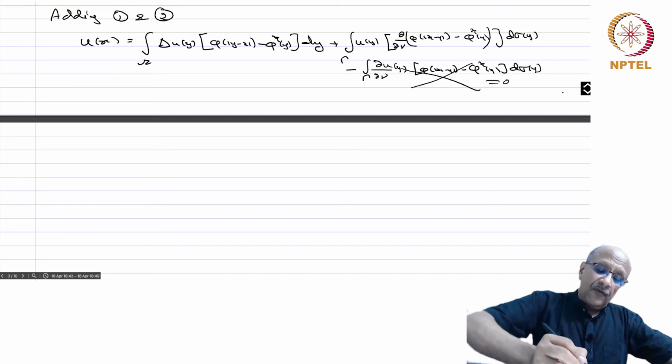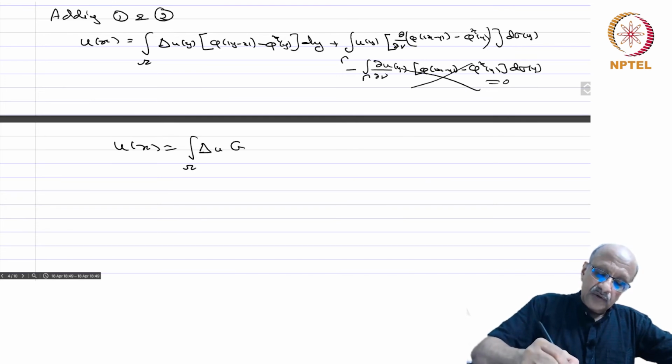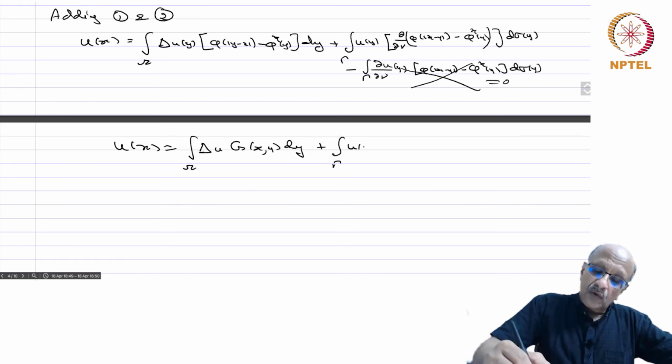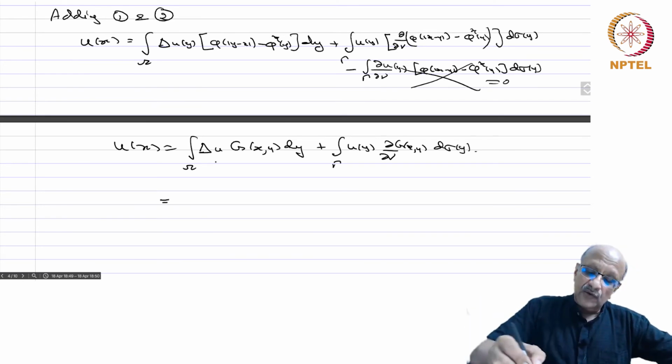And now, phi(|y - x|) minus phi^x(y) is precisely G_x(y). So, u(x) equals the integral on Omega of delta u G(x,y) dy plus the integral on Gamma of u(y) d/d nu of G(x,y) d sigma_y. Now, you put in the values of delta u and u.